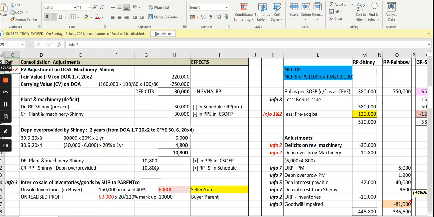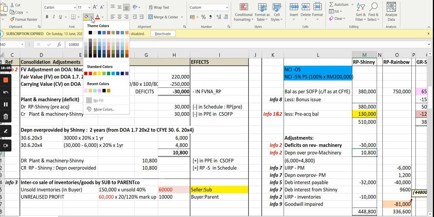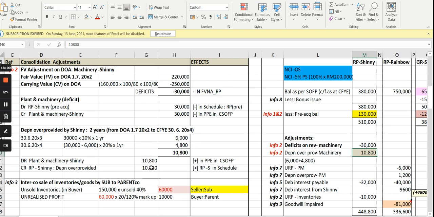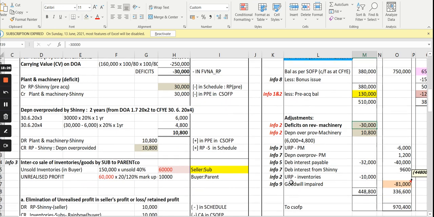Information 2, which is on over provision, that you debit and credit. So when you credit retained profit, you need to add. When you also debit retained profit here, you need to go and deduct. So this is why you have the figure there.